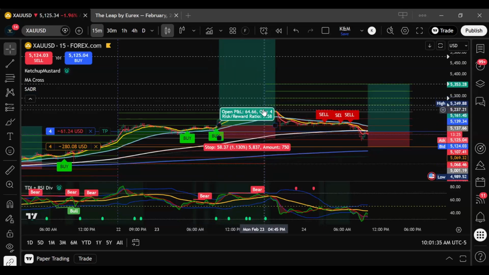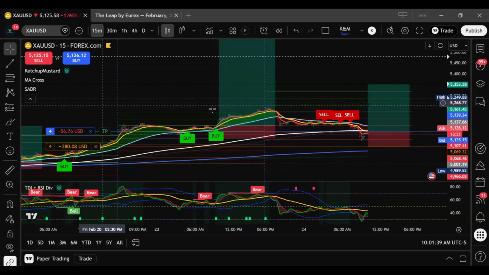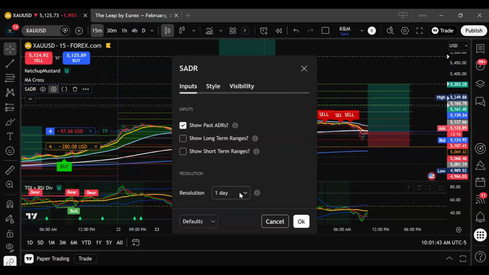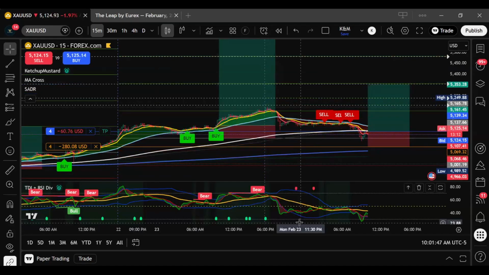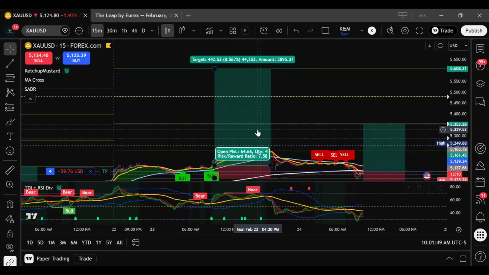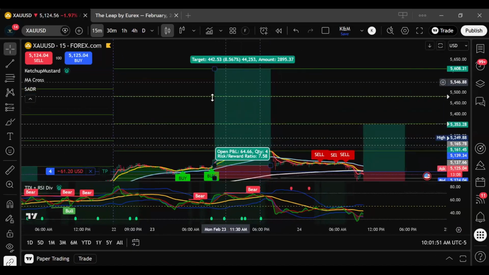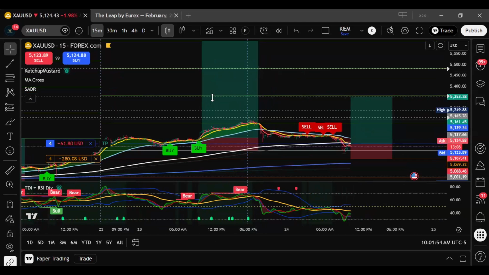All the targets were hit. I was saying, if this thing decides to keep pushing up, I changed the ADR to the weekly to give me more targets. That's why I have it way up here and it came up to the 100% for the week. So that was actually real time on how that works.